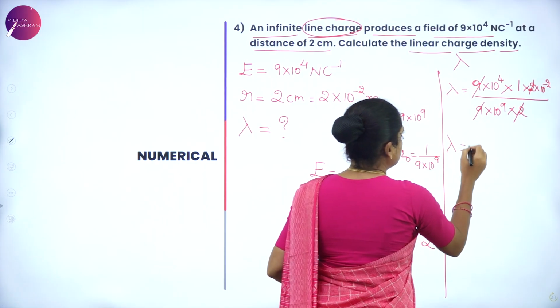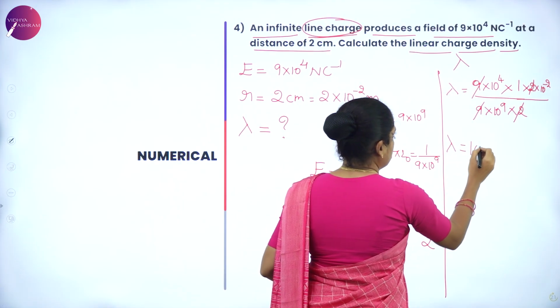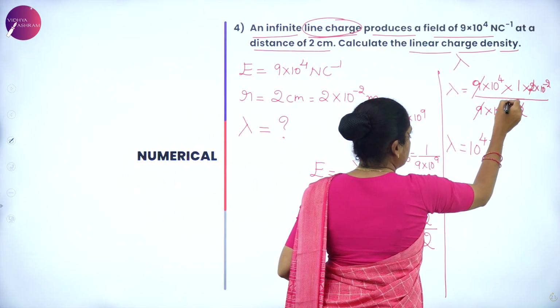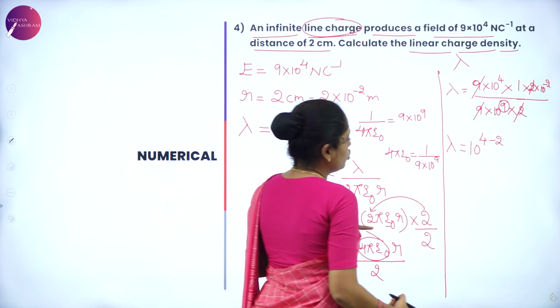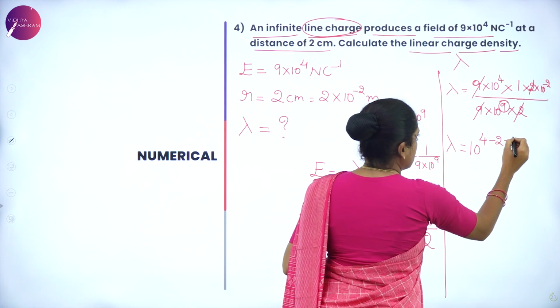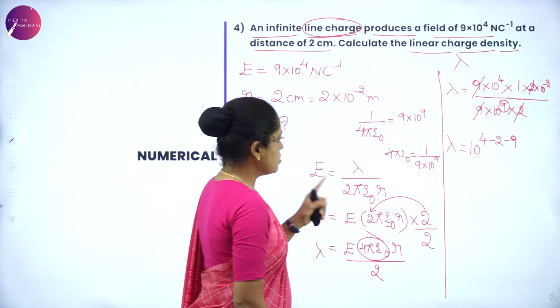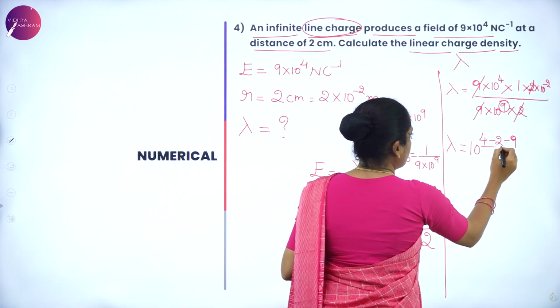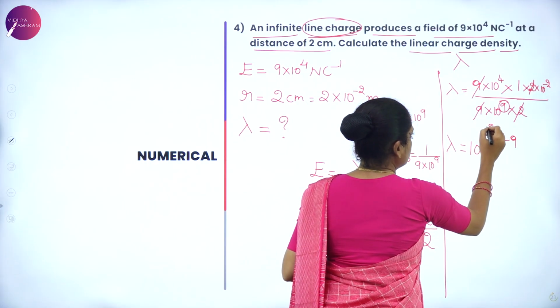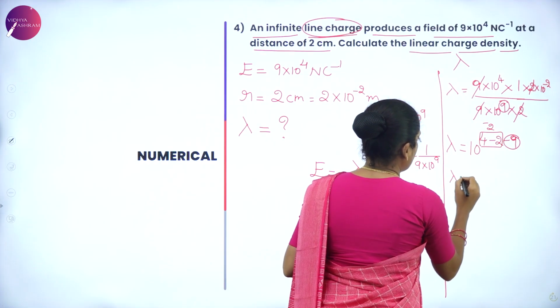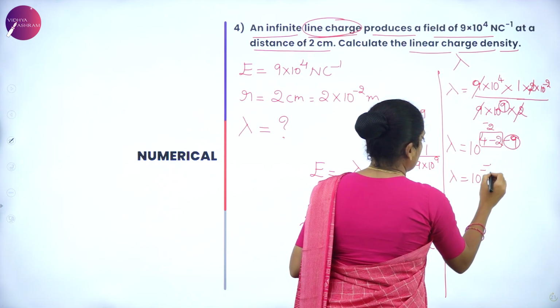We have only the 10 powers. 10 power 4 minus 2, and take this 9 to numerator, then the sign of that 9 changes to minus. Now simplify this. 4 minus 2 is 2. Minus 9 plus 2 is equal to minus 7.